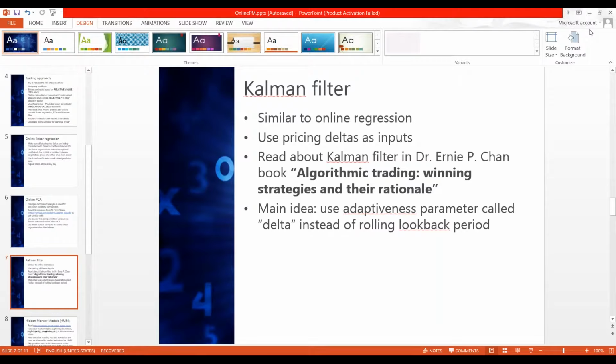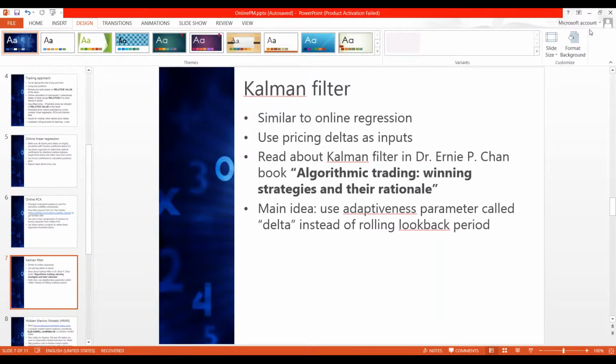A similar approach is described in a great book by Dr. Evgeny Chan, Algorithmic Trading: Winning Strategies and Their Rationale. I highly recommend reading this book. It's very useful and could be useful in your work as a quant, as a quantitative analyst, and anyway in algo trading.